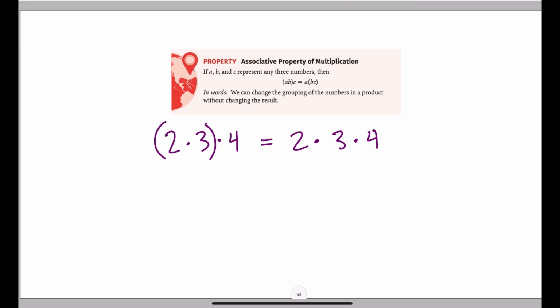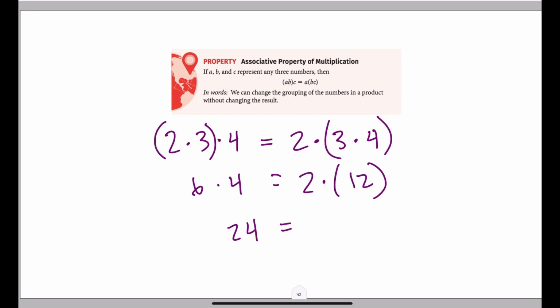Or you can think of that as 2 times 3 times 4, grouping the last two. So 2 times 3 is 6, times 4. 3 times 4 is 12. 6 times 4 is 24. 2 times 12 is 24. So I get the same result, whether I group the first 2 or the last 2. But this only works when it's all multiplication, and it can be handy.